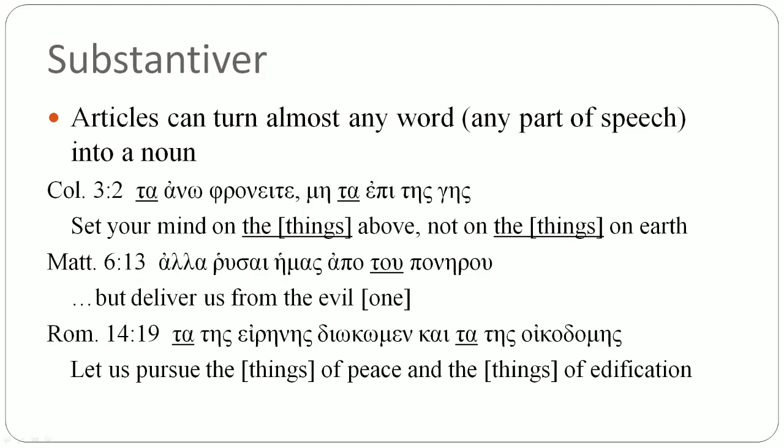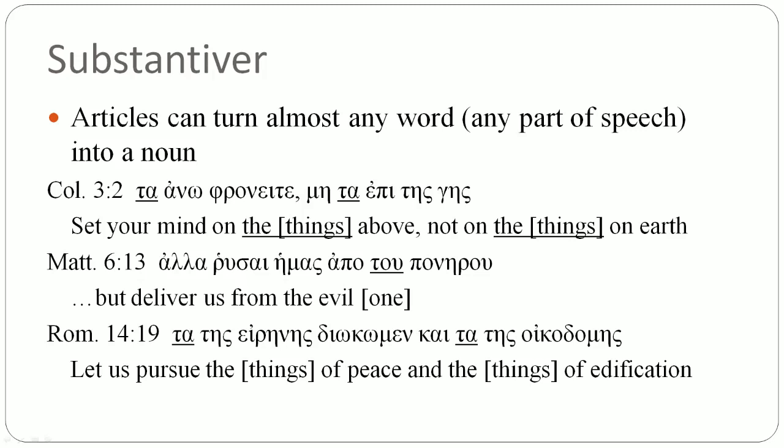But again, like the first example, ta is neuter plural, so you can put in things. Let us pursue the things of peace, and the things of edification, the things that build people up. We're not trying to tear people down here.